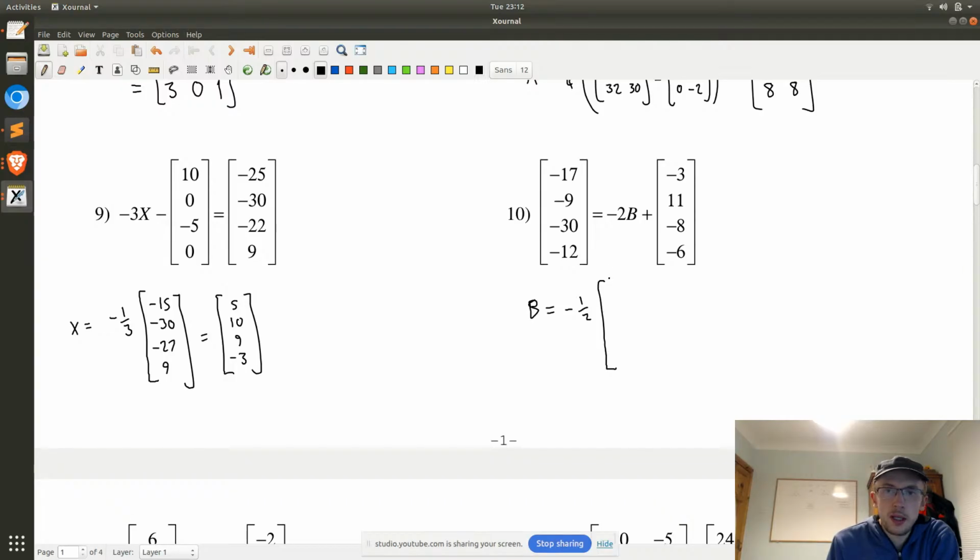No, wrong. Negative 17 minus 3 is negative 17 plus 3, which is minus 14.